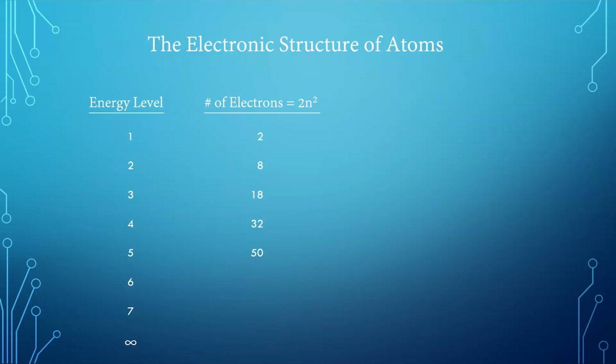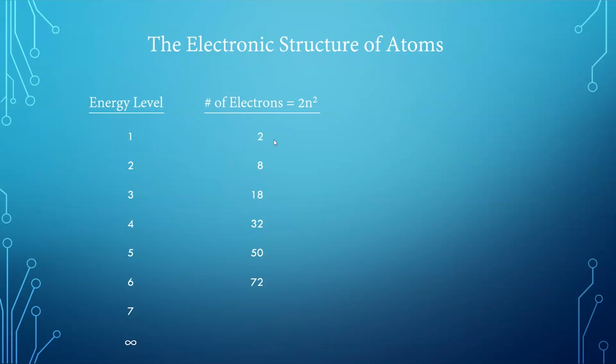All right, if you've thought about it now, let's see if anybody figured it out. The answer is there will be 72 electrons in this next level. And we can figure that out if you look at the changes between levels. Between level 1 and 2, we went up by 6, and then we went up by 10, and then 14, and then 18. Every new level, the increase is 4 larger than the previous one.